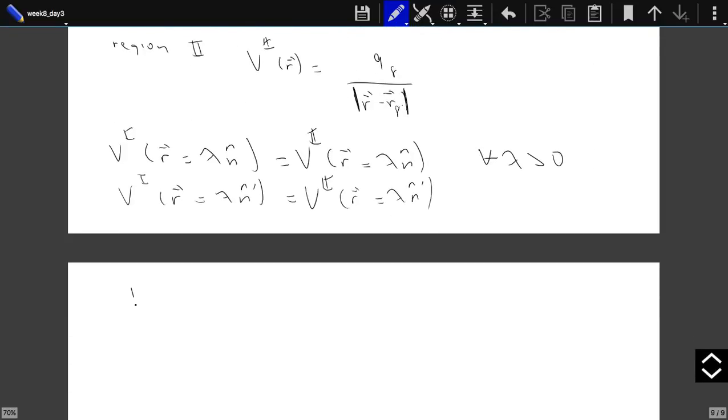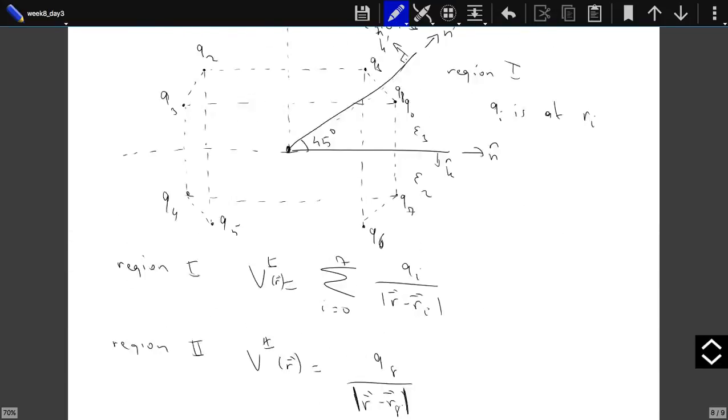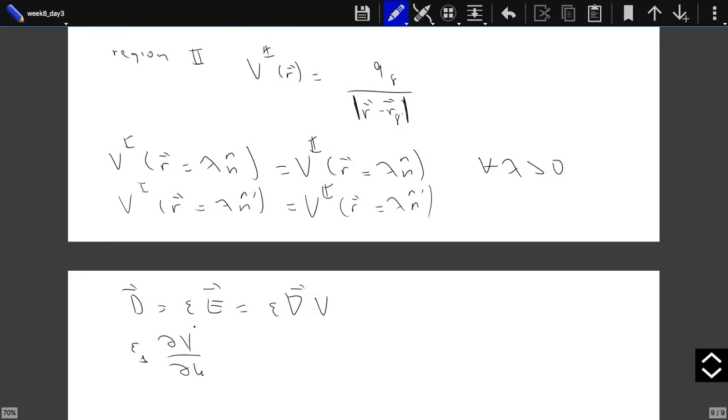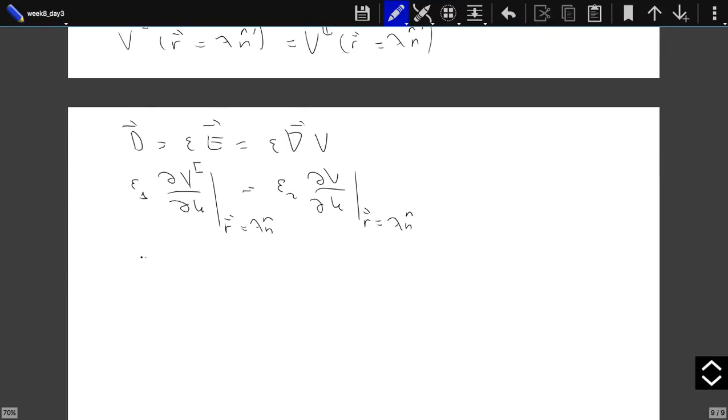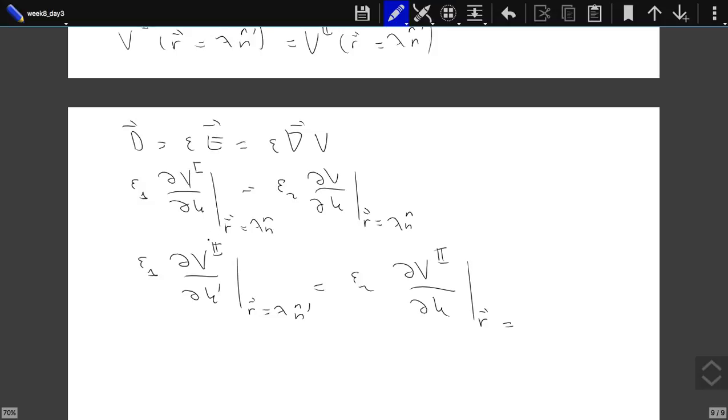But D is equal to epsilon times E, E being gradient of V. So epsilon 1 times dV over dk should be equal to epsilon 2 times dV over dk when r is equal to lambda n hat, and epsilon 1 dV by dk prime when r is equal to lambda n hat prime should be equal to epsilon 2 times dV over dk prime.